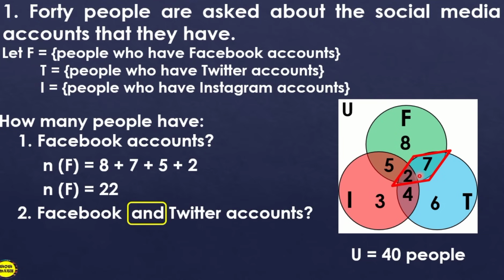The cardinality of the intersection of Facebook and Twitter is 7 plus 2, we have 9 people who have Facebook and Twitter accounts.